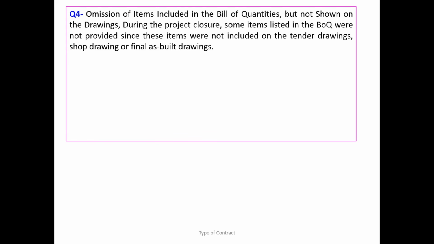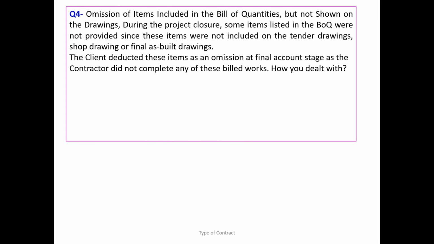But you have priced them. So therefore, let's remove these priced items. So the client wanted to deduct unnecessary work which never happened and was priced by the contractor under the lump sum contract. So will you omit it? Or do you say yes, we can omit it? Say yes or no. You might have different answers.